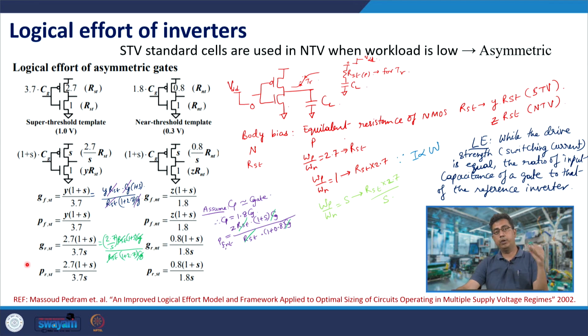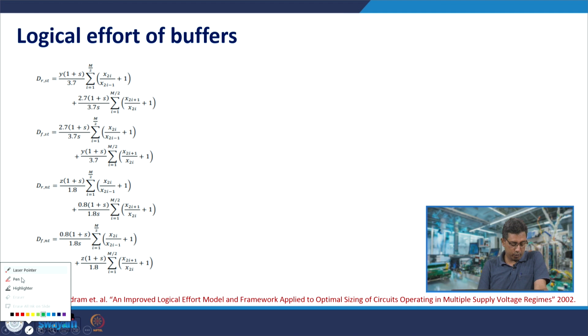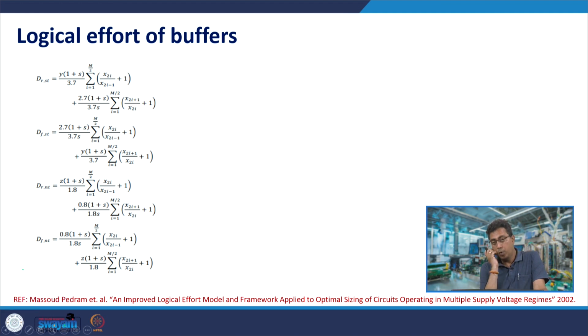Now, we use this in obtaining the logical effort of a path, and thereby of a logic path using these asymmetric gates, and using these for delay optimization. Now, let us look at how we use this to estimate the path delay for an inverter chain.